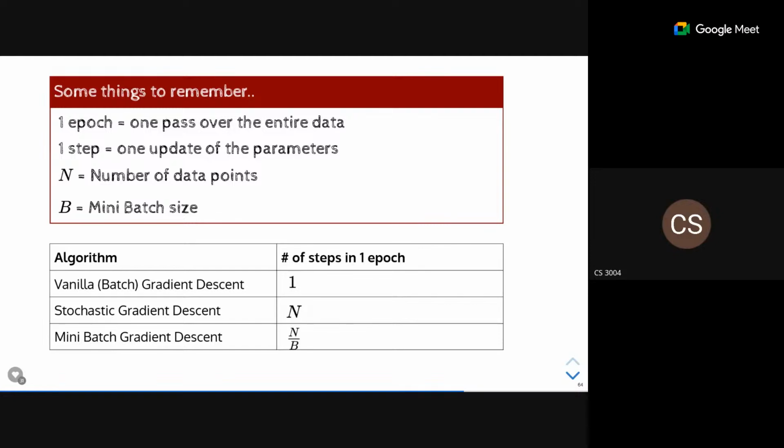If you plot this in a high-dimensional geometric space, it becomes a point, right? That's where the point comes from. So each point is handled as in stochastic gradient descent.